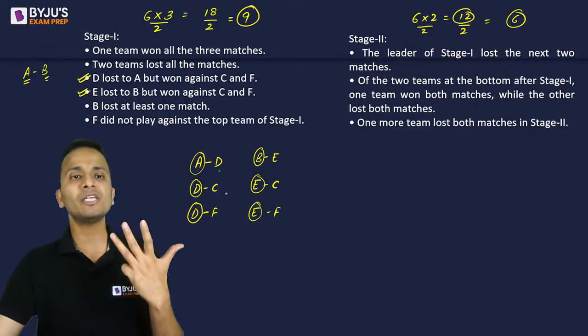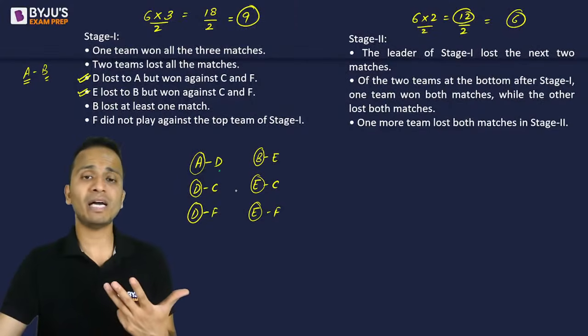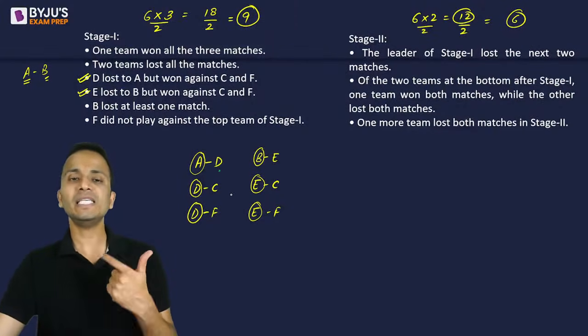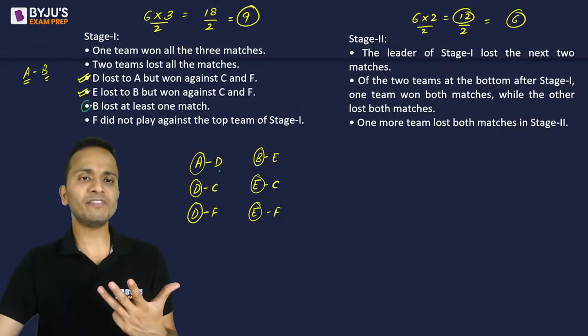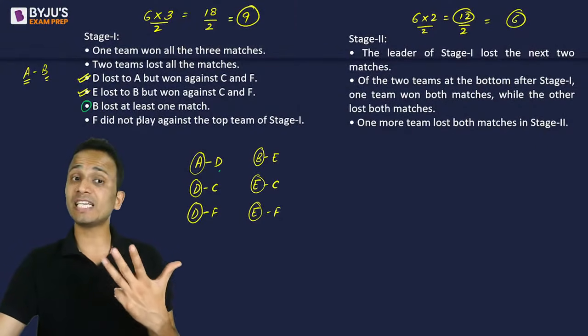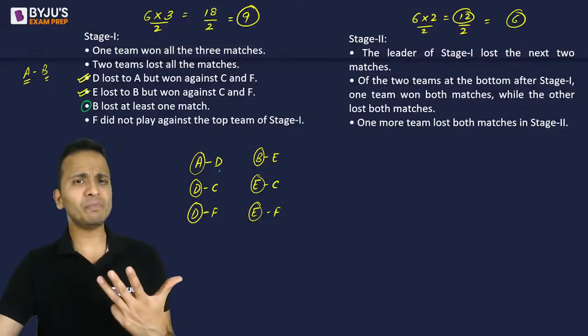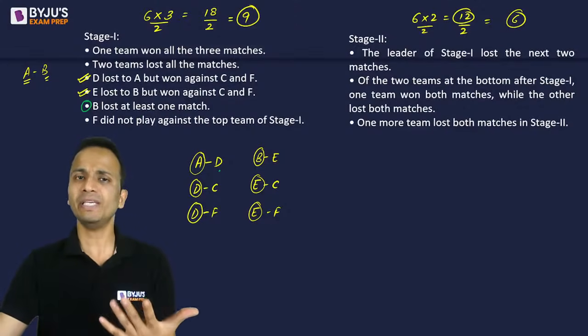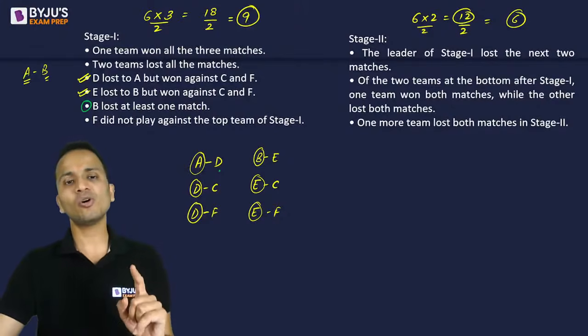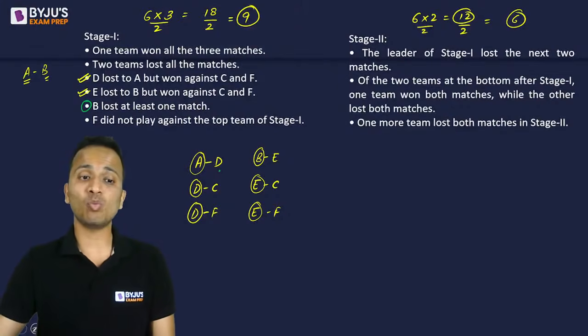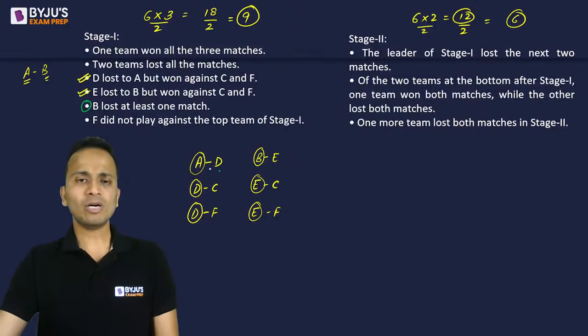So that means the team who has won all the 3 matches cannot be C, D, E, and F. Also, statement number 5 says that B has lost at least 1 match. So that means this team cannot be B as well. So that means out of the 6 teams, A is the only remaining team which has won all the 3 matches. Okay. Now, how many matches A has already played?